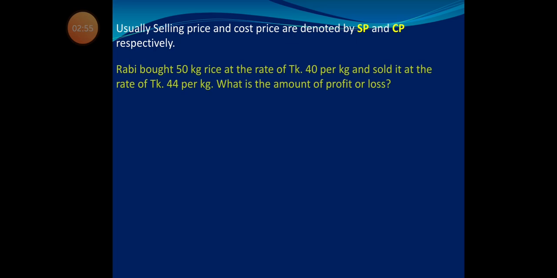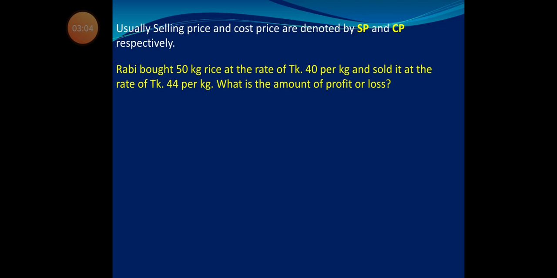For our convenience, we will denote the selling price by SP and cost price by CP respectively. Now, let us see a simple example from our textbook associated with profit and loss. Rabi bought 50 kg rice at the rate of 40 per kg and sold it at the rate of 44 per kg.